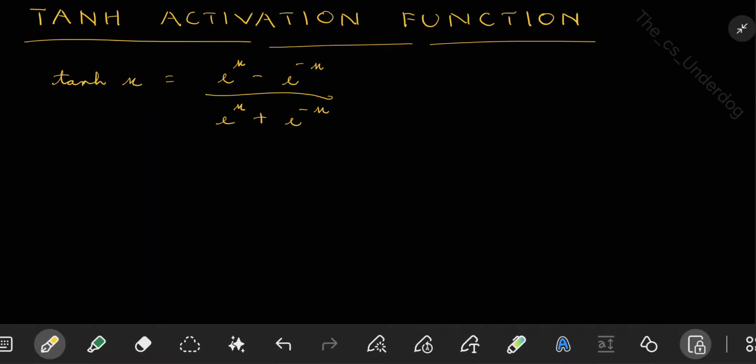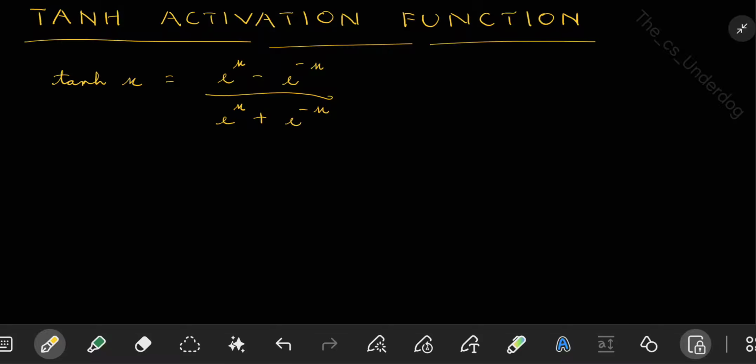This is the mathematical formula for tan H activation function. In case of sigmoid, the formula was 1 by 1 plus e power minus x. So instead, if it is tan H, then this is the formula.